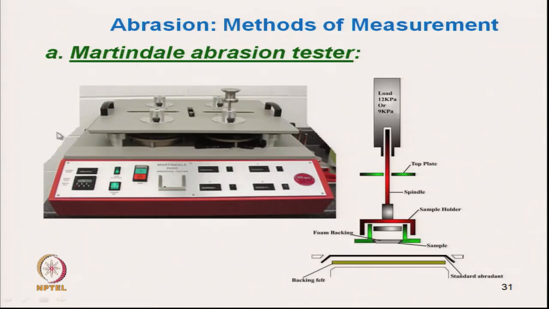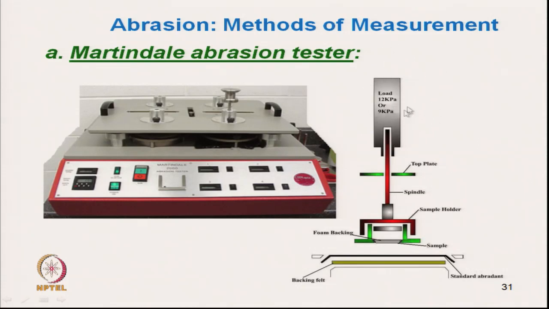So, this is the picture of the Martindale abrasion resistance tester, where there are 4 such holders, and at the bottom, as we have mentioned earlier, the standard abradant cloth is placed, and then the specimen holder holds the specimen sample, and the standard load is kept here.